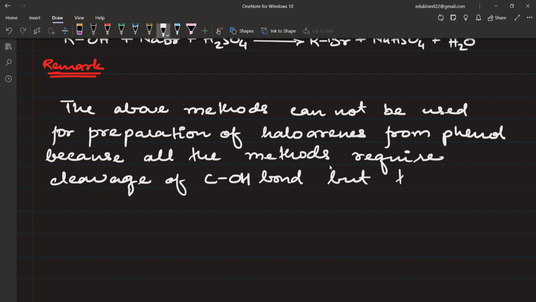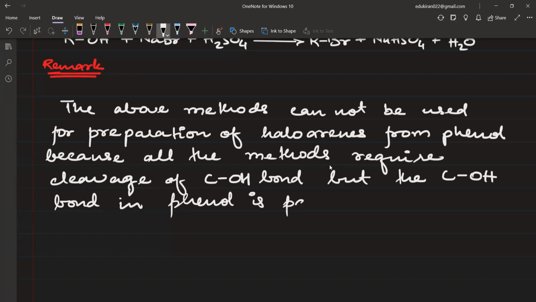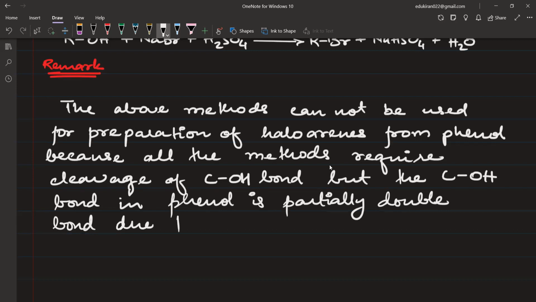But the C-OH bond in phenol is a partial double bond due to resonance and is difficult to break.